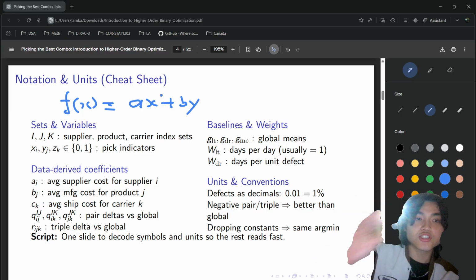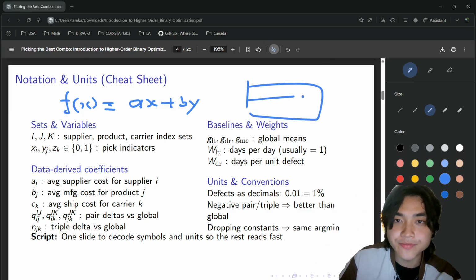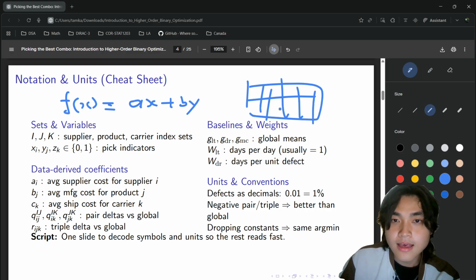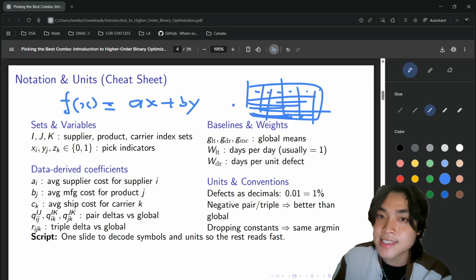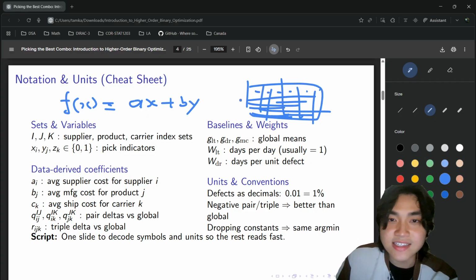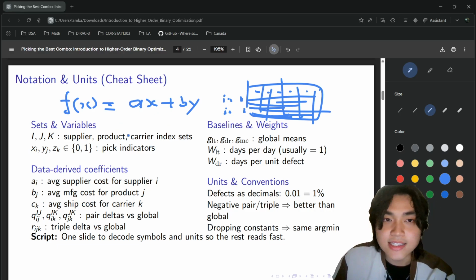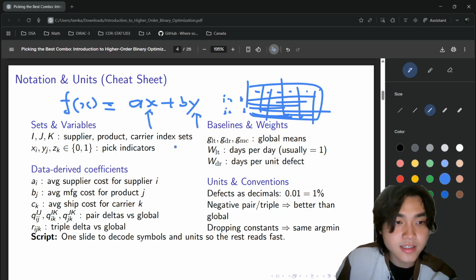IJK is essentially an Excel sheet, and our columns here are all of our features, and each of the rows below are just observations. So think of i equals 1 as the first observation, j equals 2 as the second observation, j equals 3 as the third observation. That's the meaning. This is the decision variable, which is the x and y here.